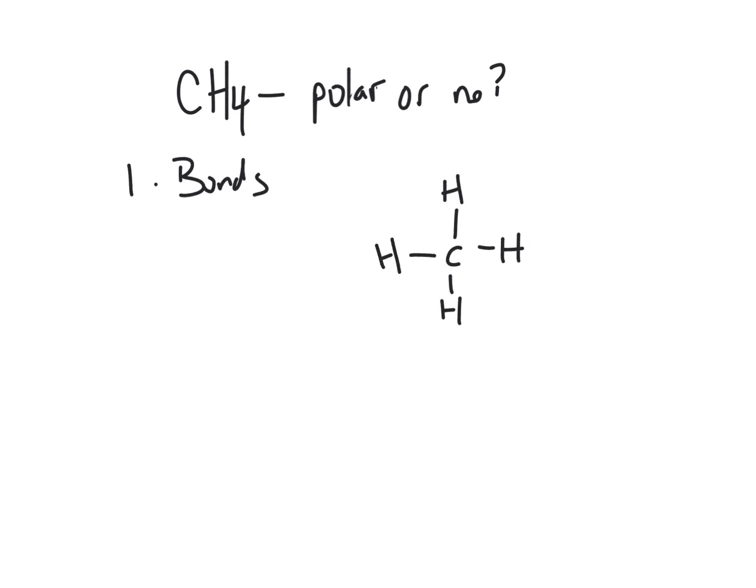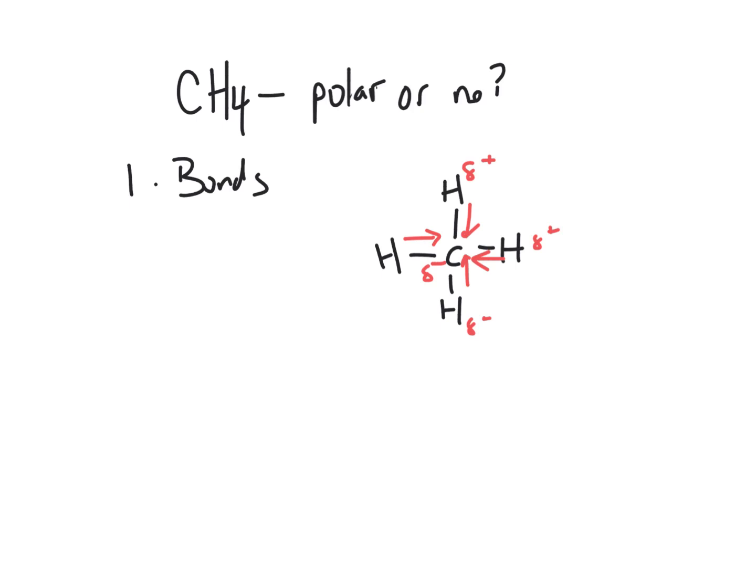What do we have? We have the CH bond. Is that bond polar? Yes, of course it is. The electrons are actually going to pull a little bit closer to carbon than they are to hydrogen. It's going to make the carbon partially negative, and it's going to make each hydrogen partially positive.